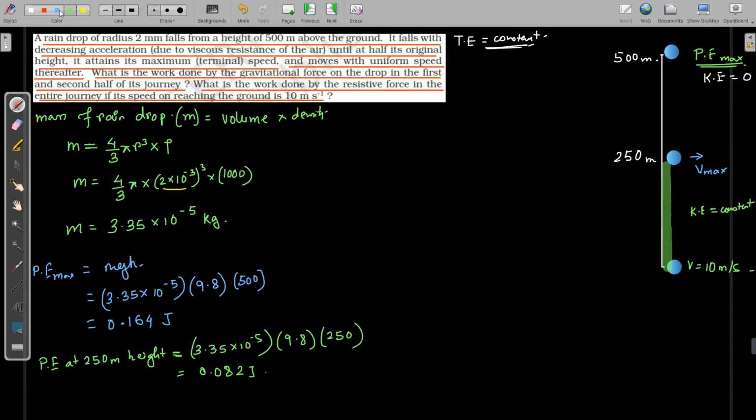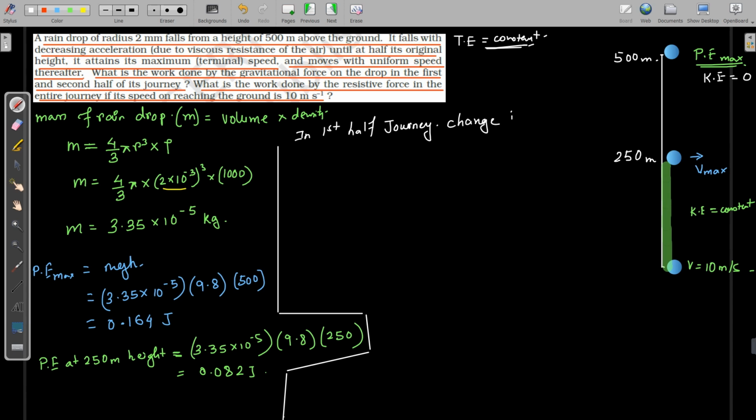So what we can understand, in first half journey, change in potential energy, that is 0.164 minus 0.082, that is equal to 0.082 joule.